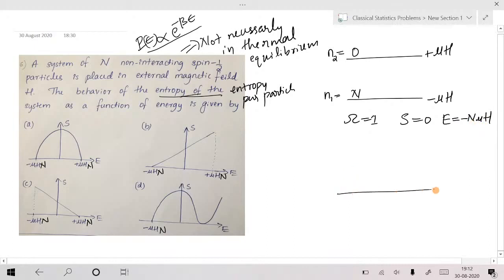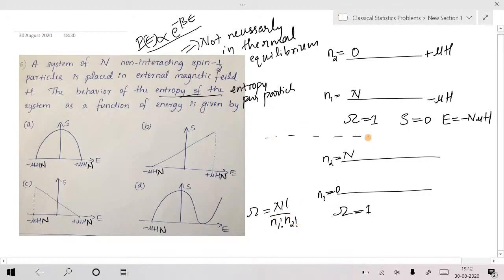Now there is one more situation where entropy is equal to 0, that is n2 equal to n, all particles in the excited state, and N1 equal to 0. In this case also the number of microstates is n factorial divided by n1 factorial n2 factorial, which equals 1, as in the previous case. At minus mu h and plus mu h, the number of microstates is 1 and entropy is 0, since entropy is kB log of the number of microstates, the Boltzmann entropy expression.